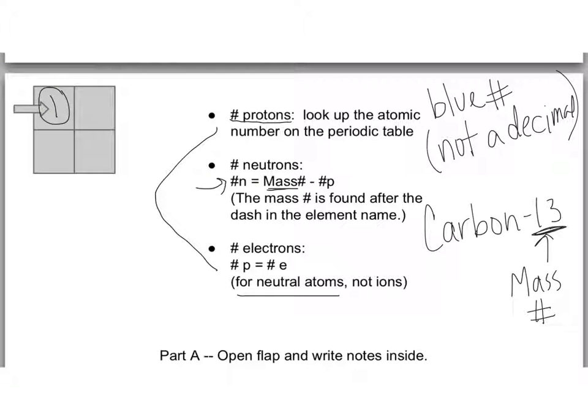And then if we were to look on the periodic table for carbon, we would see that it has 6 protons. So if we needed to know the neutrons for this, we would take our 13 mass number, subtract our 6 protons, and we would have 7 neutrons. So that's a little more complicated how you have to solve for the neutrons. That's flap 1.